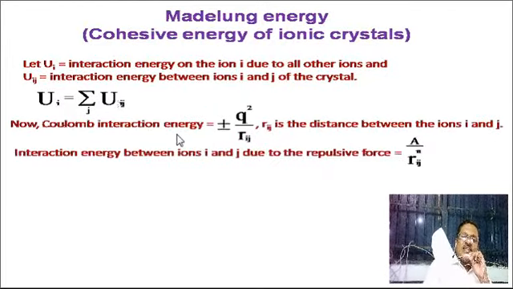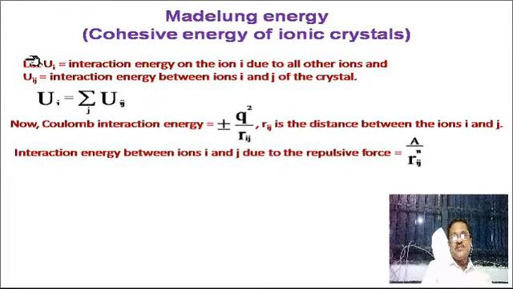Now the Coulomb interaction energy due to the attractive forces is plus or minus q square divided by Rij, where Rij is the distance between the ions i and j. The interaction energy between ions i and j due to the repulsive force is A divided by Rij to the power n.